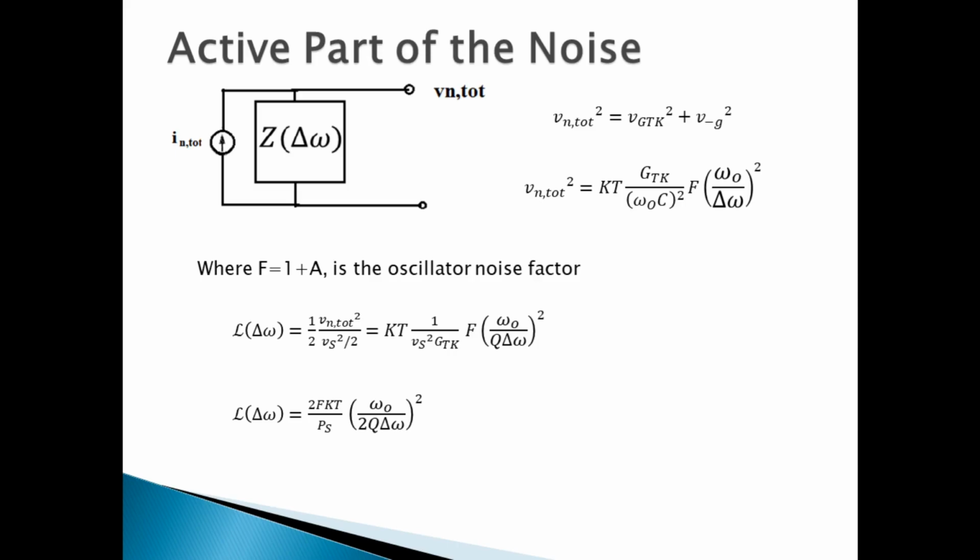So we have the total noise power here as Vn total. We have the signal power, and if we assume a sinusoidal signal, and that is a realistic thing because the LC tank does perfect filtering of the current generated by the active part, we have a sinusoidal signal appearing across the LC tank. Then its power is Vs squared by 2.